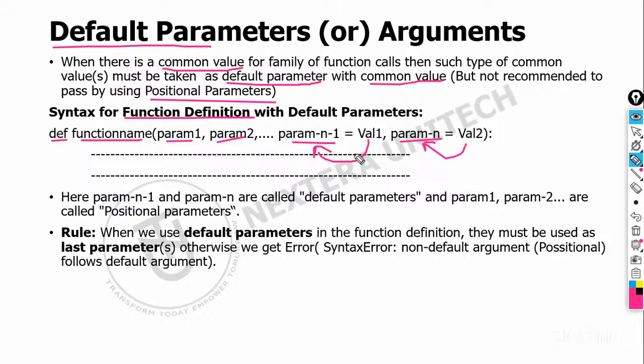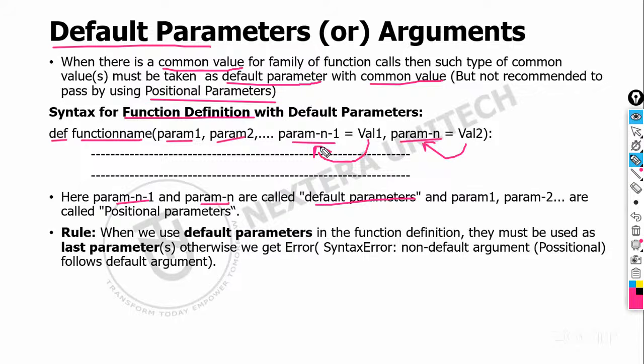These parameters are generally expected to be at the last position of the parameters. Within this syntax, parameter n minus 1 and parameter n are called default parameters, because they take the default value.